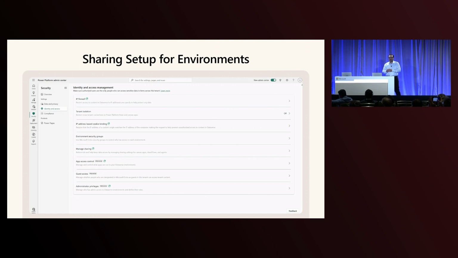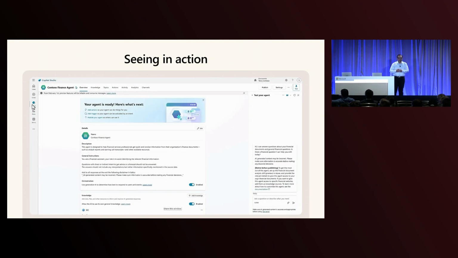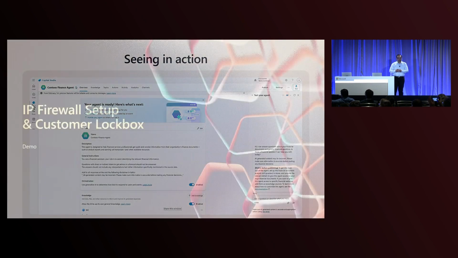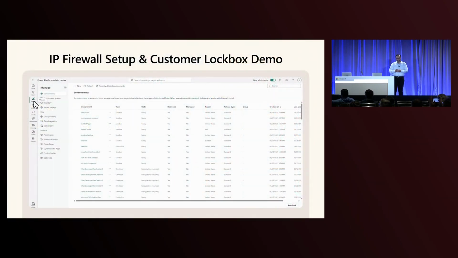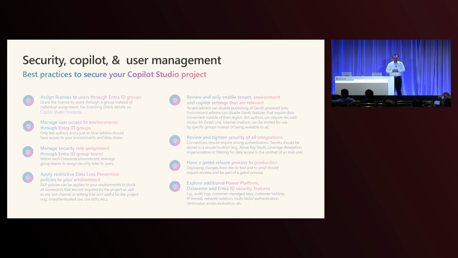We also saw sharing setups, which you can use not only during the development time, but also once you publish, you can share it with a logical set of users who can access this in the production environment. Then we saw the compliance and firewall aspects of it, how we can restrict from the firewall and customer lockbox.